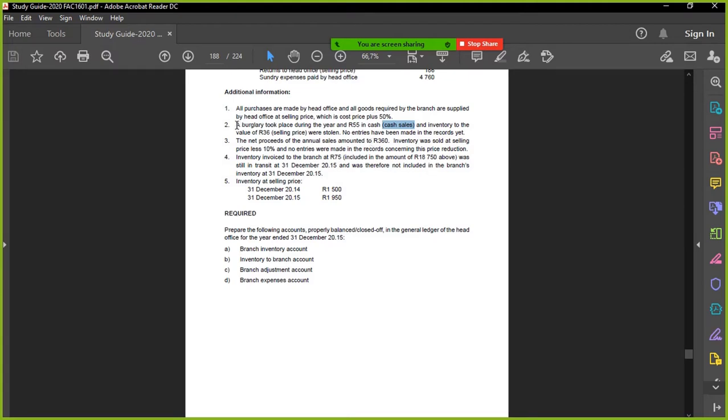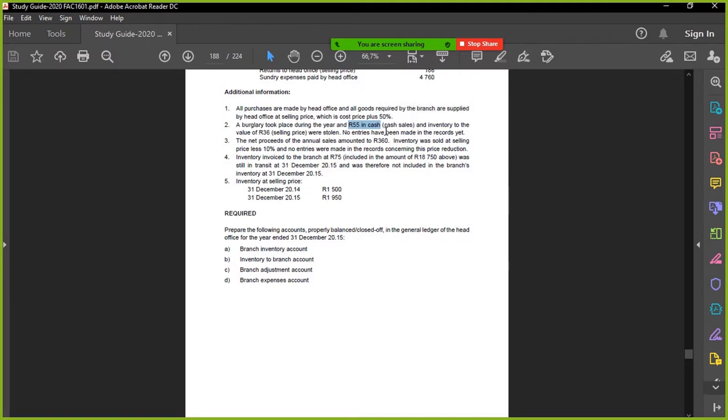If you read this, let me ask you this, Cheryl. The 55 Rand sales, have they recorded the 55 Rand sales or haven't they? They haven't. If they haven't and no entries have been recorded, then we should show the 55 Rand as cash sales.